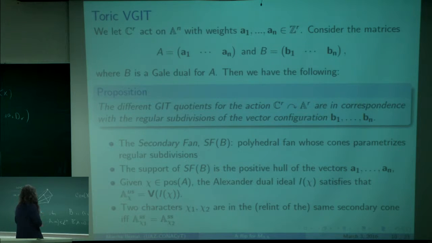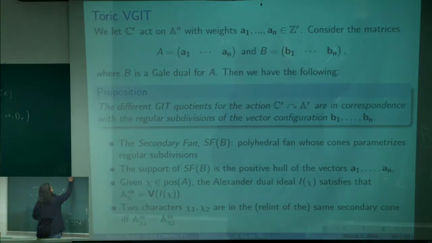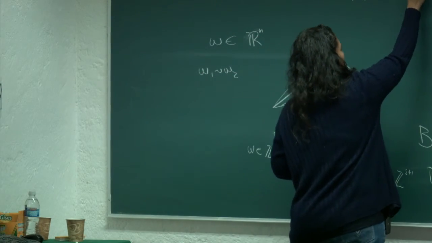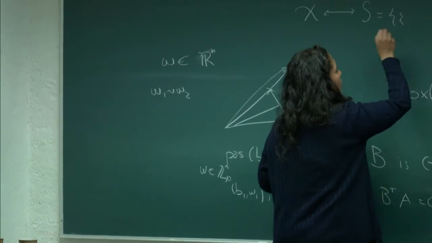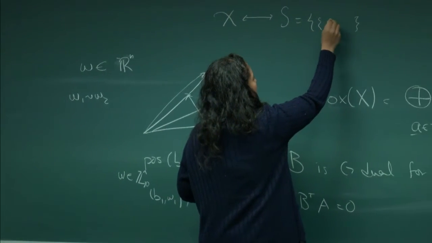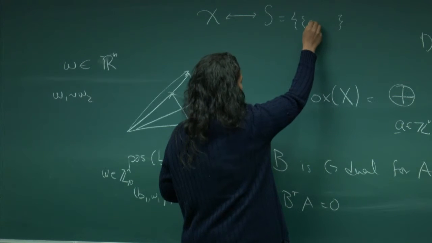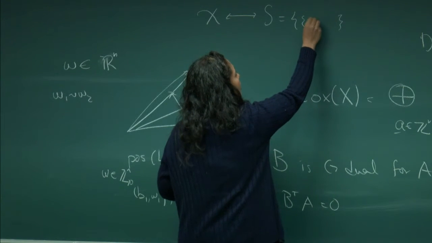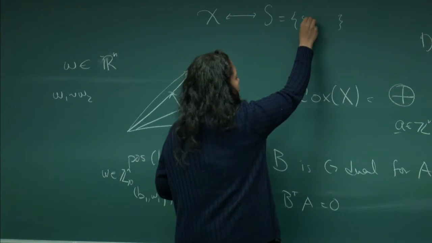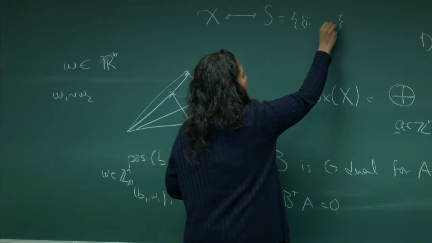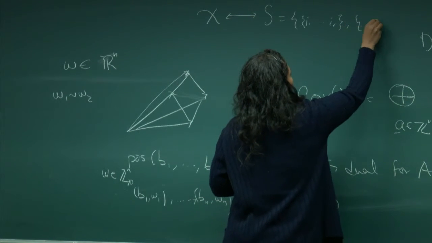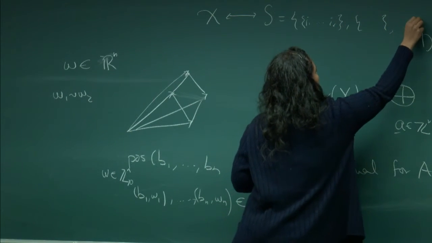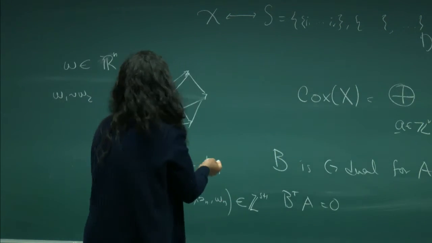So chi will give you a subdivision which is going to be a simplicial complex of the form I1, up to Ir, etc., telling you how to divide.